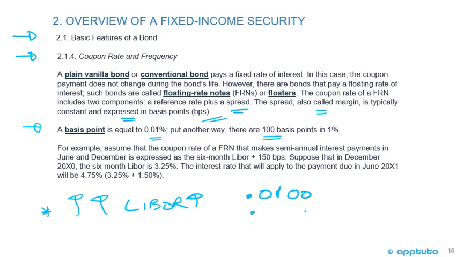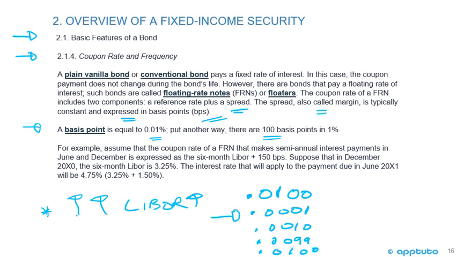So I know that 1 basis point would be 0.0001. I know that 10 basis points would be 0.001. And of course, I could get to 99 basis points, so that would be 0.0099. And if I get to 100 basis points, 0.0100, that's my 1%, my 100 basis points.